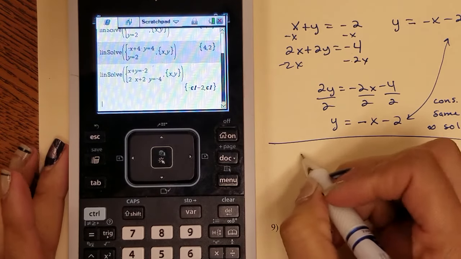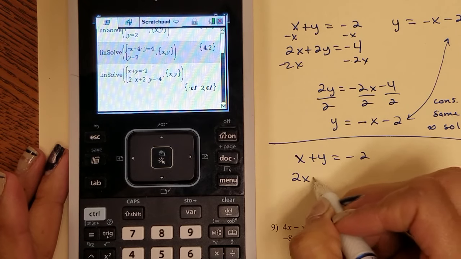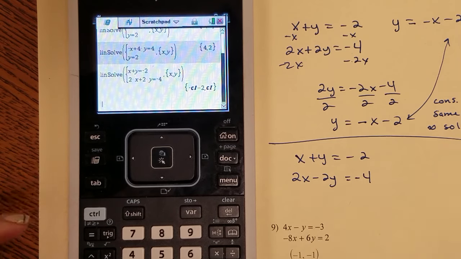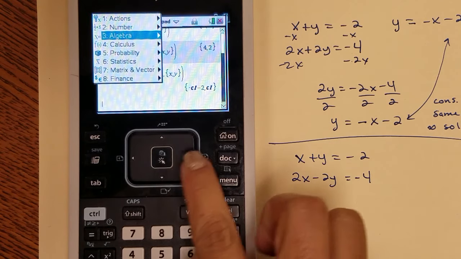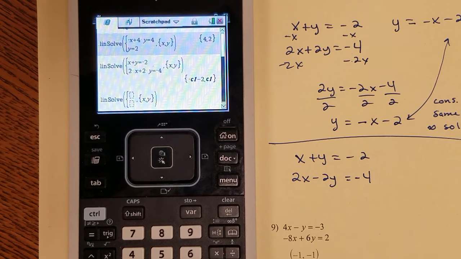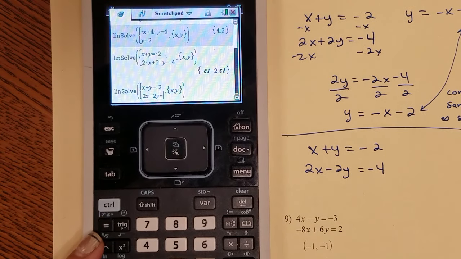It'll also show you if there's no solution. Say, for example, you have x plus y equals negative 2, and then 2x minus 2y equals negative 4. I don't know if that's going to work. Let's see. x plus y equals negative 2, and 2x minus 2y equals negative 4.